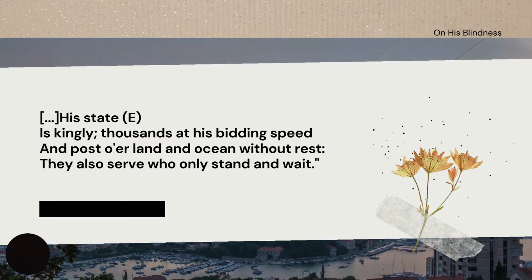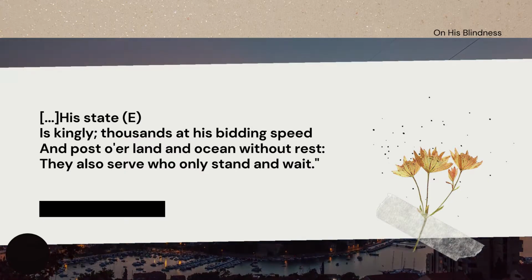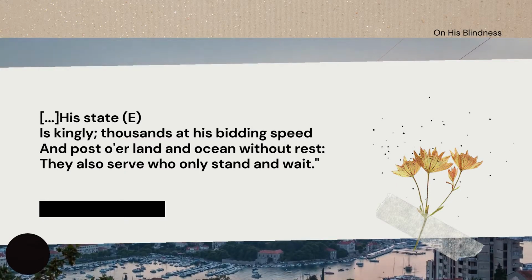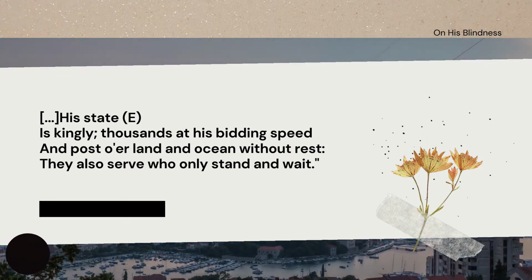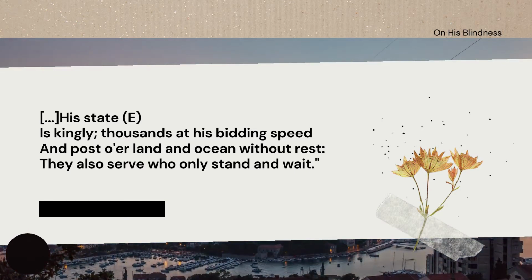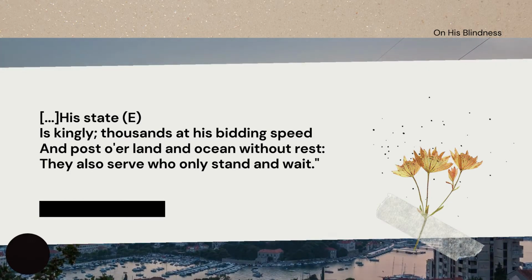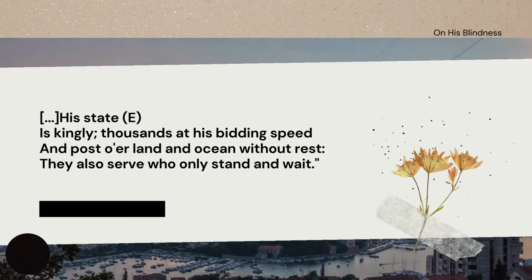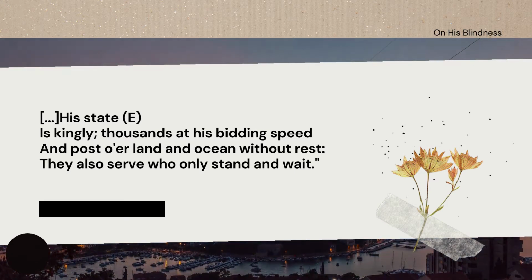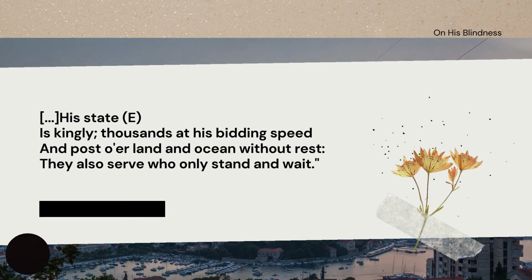He has thousands at his bidding, in a sense, to do things that require his vision. Now, there are people who move from land to ocean without rest to serve him, but finally, Patience pacifies Milton, saying those who are unable to move all over and just wait at one place are also serving God in their own way.